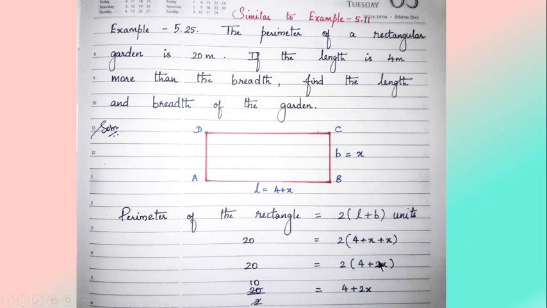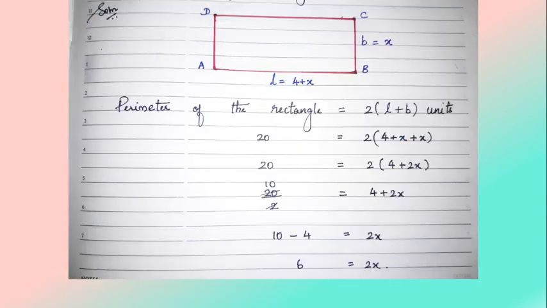Now, to find the value of the unknown, we have to eliminate 2, which is outside the bracket. When it goes to the left hand side, it becomes 20 by 2. How many 2's are there in 20? There are 10 2's. So 10 on the left hand side. Again we have to find the value of x.